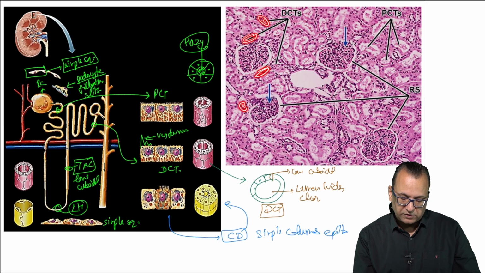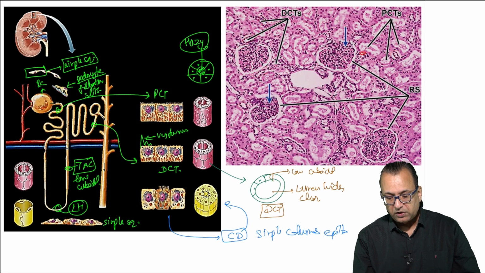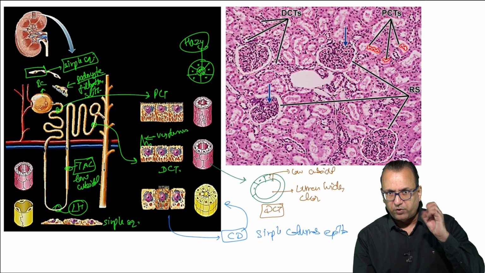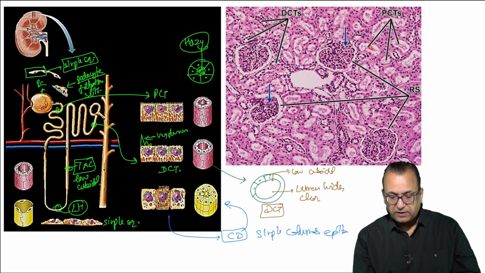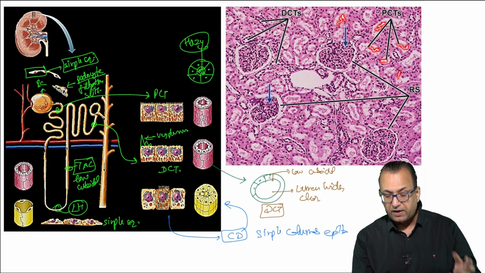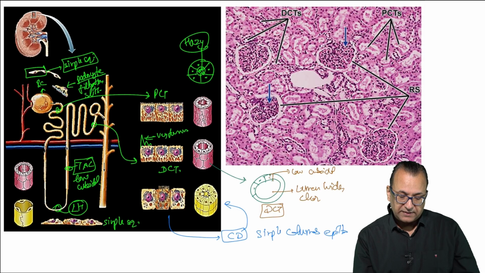Like here you can see this is one DCT, but the PCT, you can see now they are all PCT, proximal convoluted tubule, and they'll have this haziness. In the lumen you will find some broken microvilli also. That haziness which you can see here is all seen in the PCT. So the number of PCT is more, and their lumen is not as clear as the DCT.